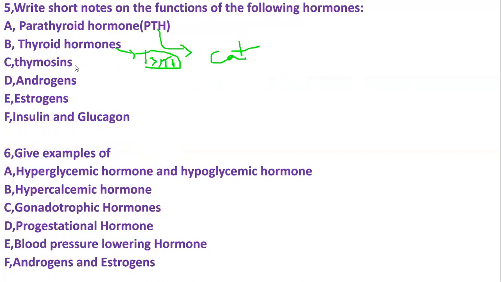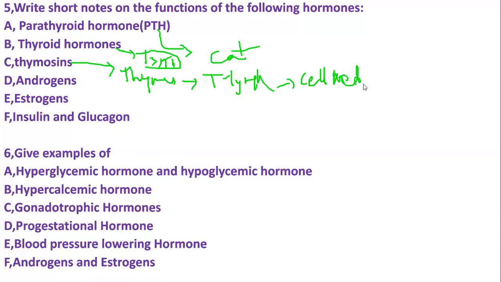And thymosin is secreted by the thymus gland, and the important thing is that it helps in maturation of T lymphocytes, which help in cell-mediated immunity, where there is production of cytokines and not antibodies, but they also help produce antibodies and help in humoral immunity.